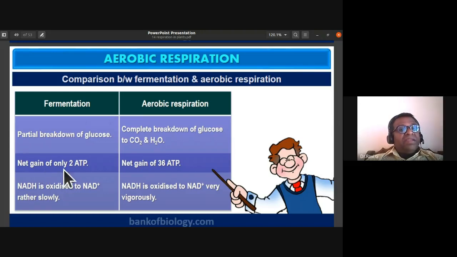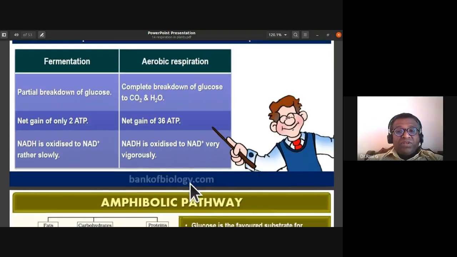The net gain of ATP is only 2 ATP molecules, whereas in aerobic respiration the net gain is 36 ATP molecules. In fermentation, NADH is oxidized to NAD plus very slowly, whereas in aerobic respiration NADH is oxidized to NAD plus very vigorously, very fast.